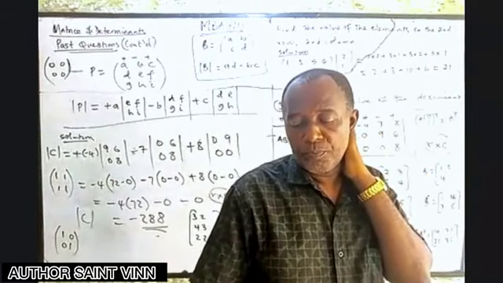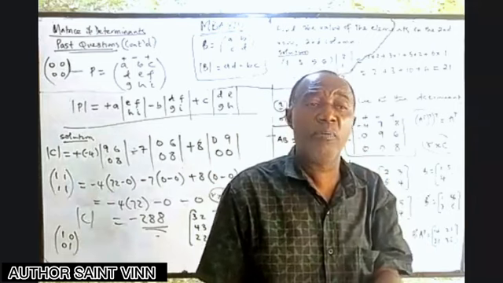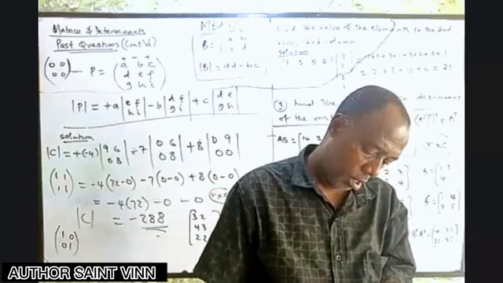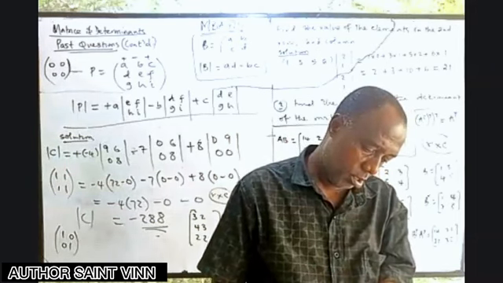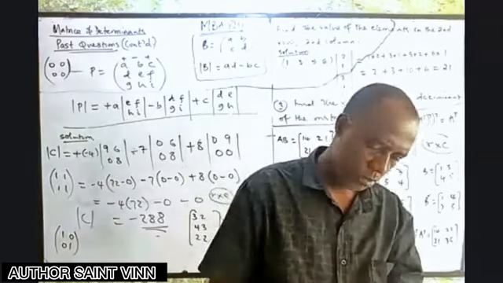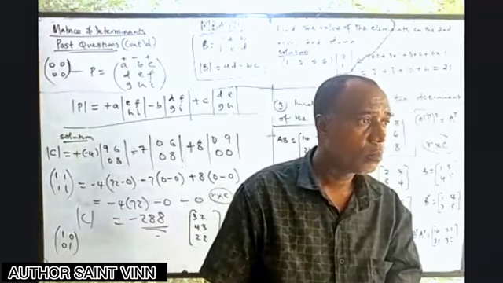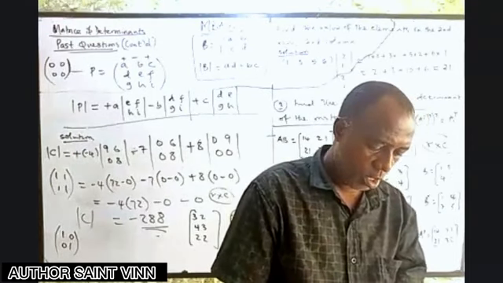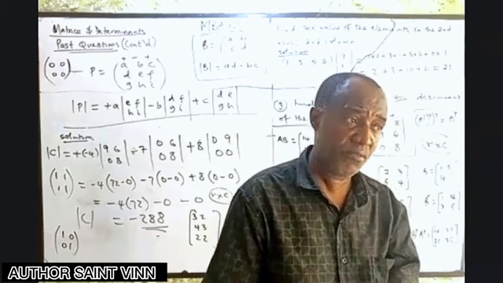Part 2, Cramer's rule. We have done that before, Abby. Number 1 is find the inverse.